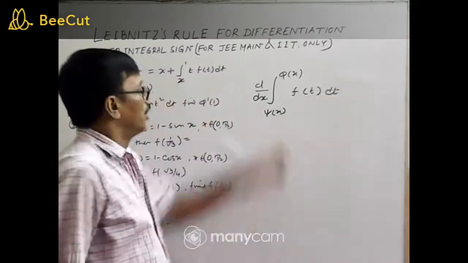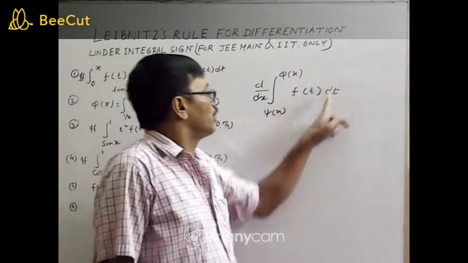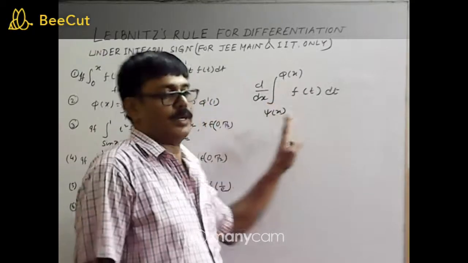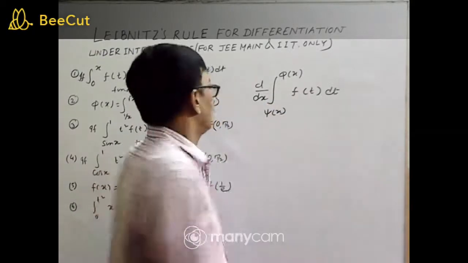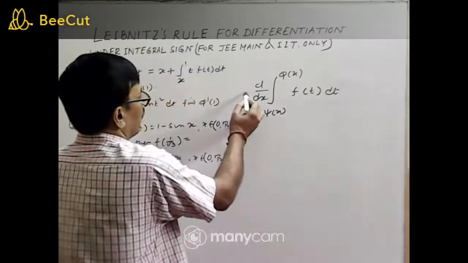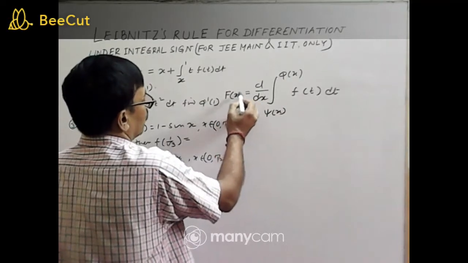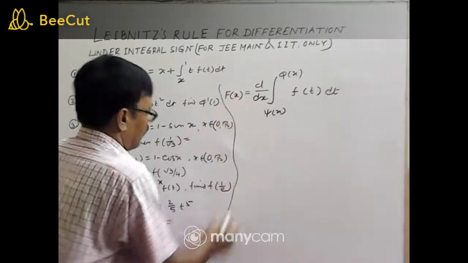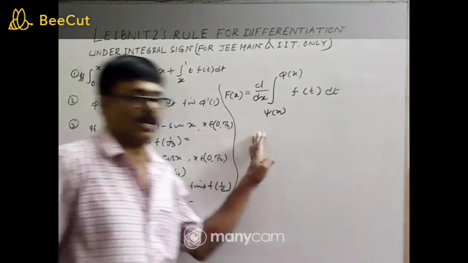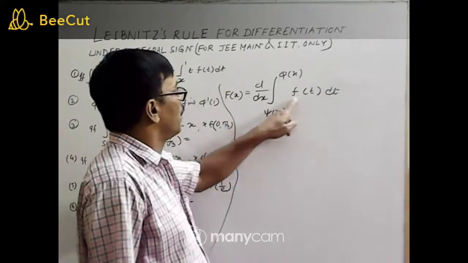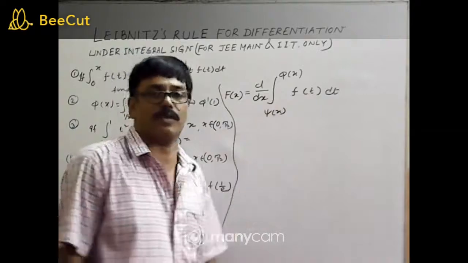Integration is with respect to t, and the upper limit and lower limit are in terms of x, so it is a function of x. Suppose this is capital X. Now, what is its derivative? Here f(t) is a continuous function.